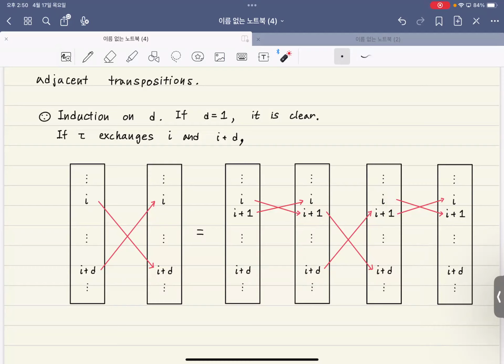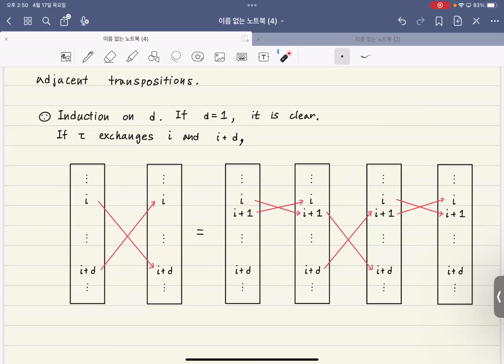So if you compose this all together, i goes to i plus 1, i plus 1 goes to i plus d, and i plus d goes to i. Okay, and this guy goes to here and goes to here and goes to there. So i plus 1 goes to i plus 1, and i plus d goes to i plus d. It goes to i plus 1 and goes to i. So composing this is the same as this one.